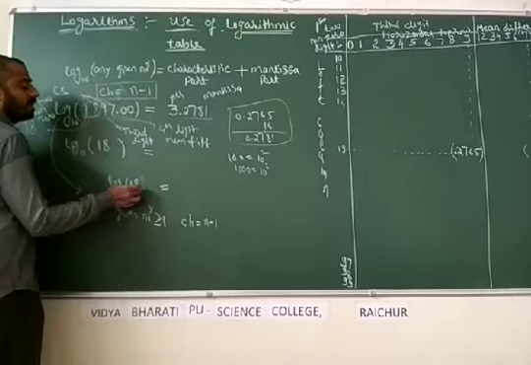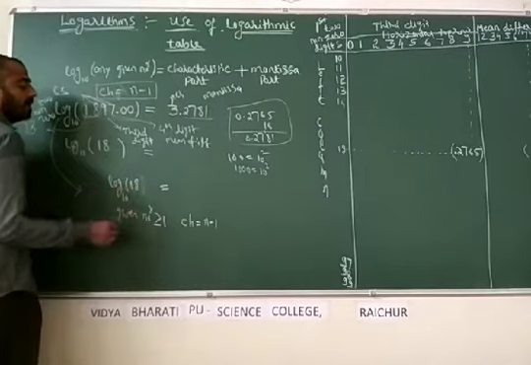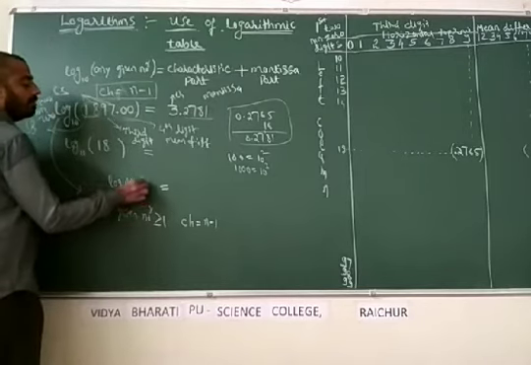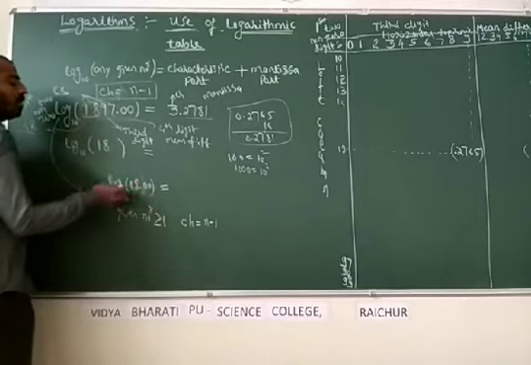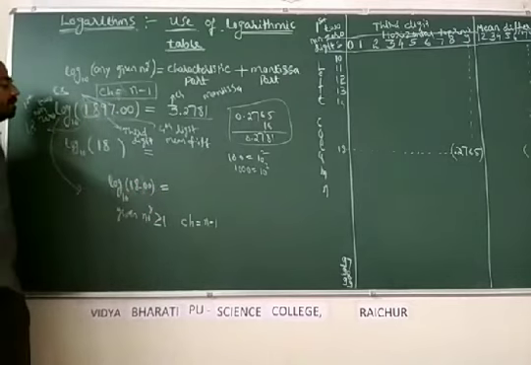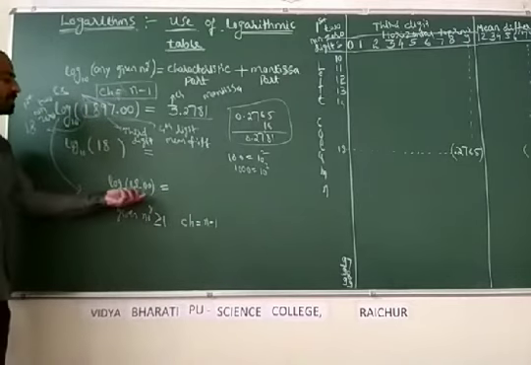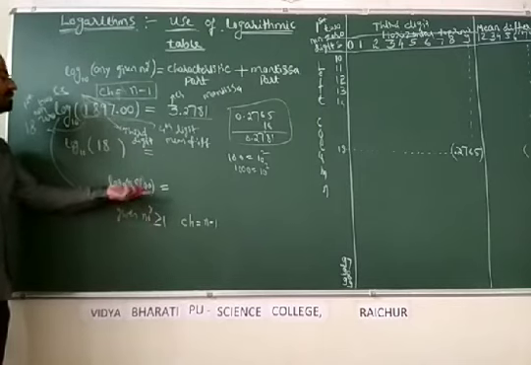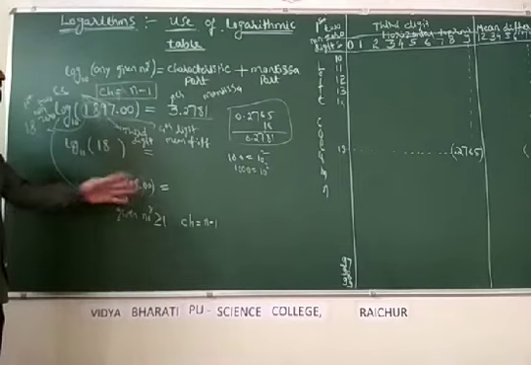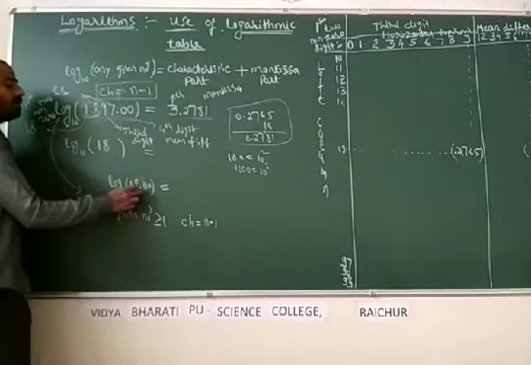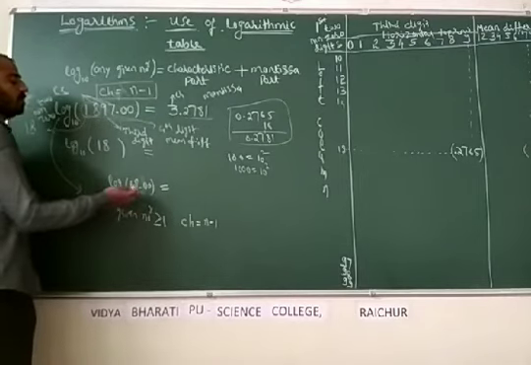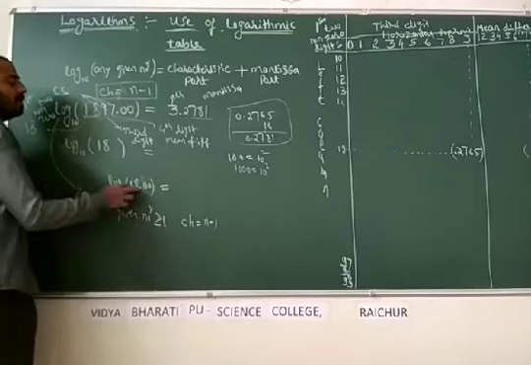Now I make 18 as 18.00. See how I have made 18 a 4-digit number just by adding 2 digits, so that there is no change in its value.